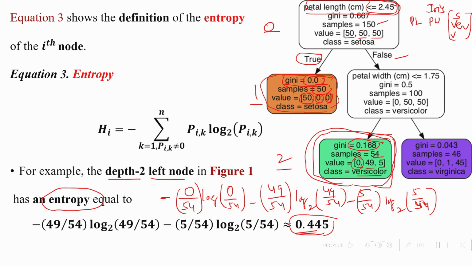So we can further split this node into different parts. That is the main aim of the entropy. Entropy or Gini value is used to decide whether to split further or stop the process. Whenever the entropy or Gini value equals 0, we can stop the process. Otherwise, we split the data into the next level. That's the main use of entropy or Gini value.